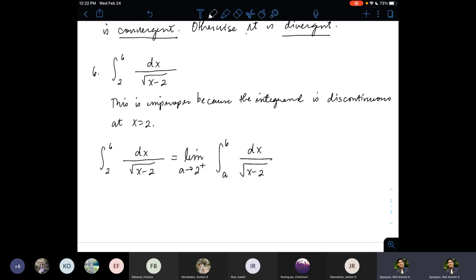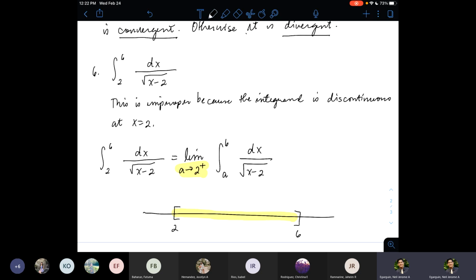Okay, so it's important. You turn it into a limit problem first, and then you make sure that you are approaching the cause of discontinuity from the proper direction. Here I am approaching 2 from the right. Why from the right? Because remember, the integration should occur from 2 to 6, right? So basically, we are only interested in the interval 2 to 6 because that's where we will perform the integration.